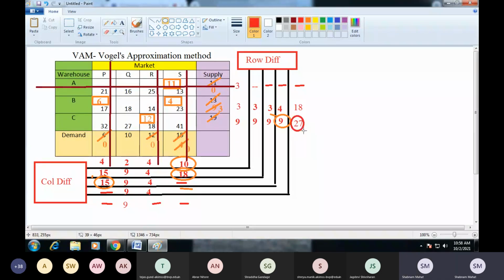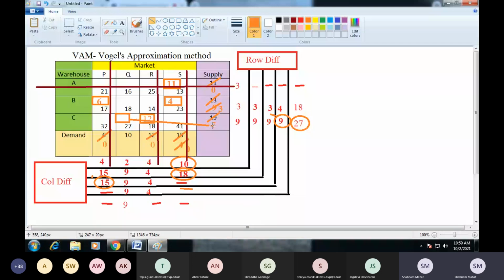Now select this row. In this row, there is only one value, that is 27. So you can select 27 because this is the only single value. Now check the supply available, 7 quantity, and the demand for this cell is 10.